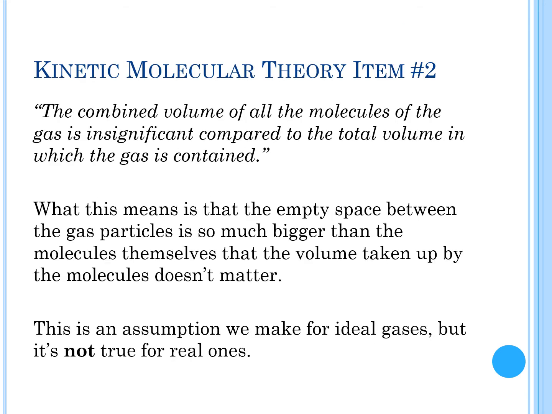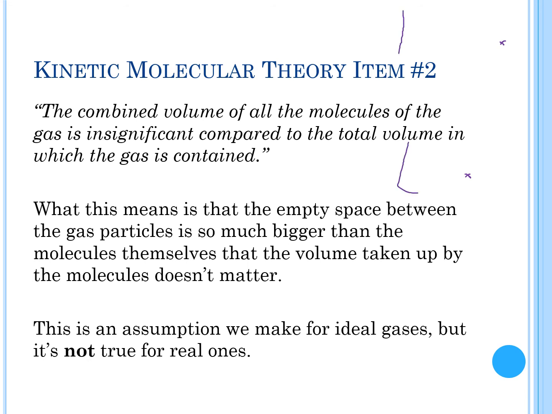So let's break a couple of these down and talk a little bit more about them. So our theory 2 talks about the overall volume. So again, just to reiterate, the empty space between gas particles is so much bigger than the molecules themselves that the volume taken up by the molecules does not matter. So we're thinking, you know, we have one gas molecule and all the way over here is another gas molecule.